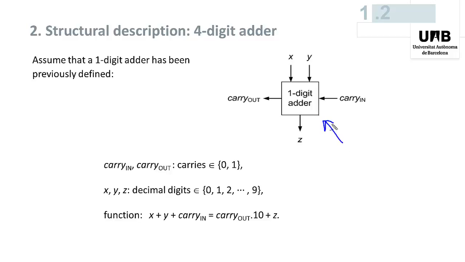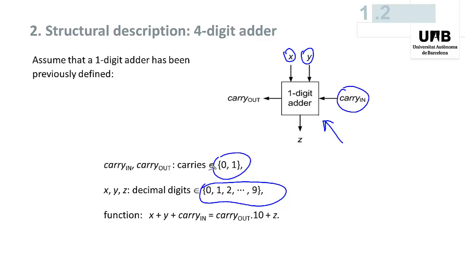It is a component with 2 decimal inputs, x and y, so that x and y belong to the set 0 to 9, and a binary input carry in, belonging to the set 0, 1.